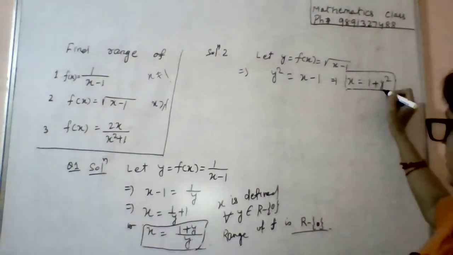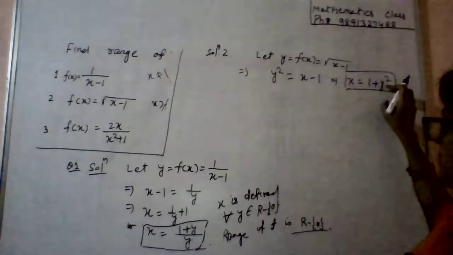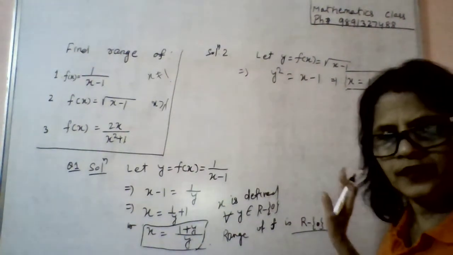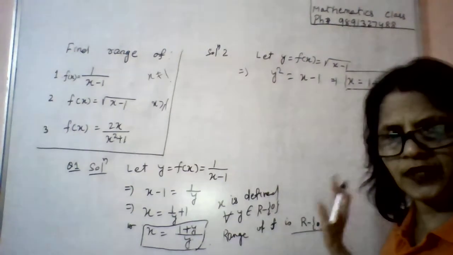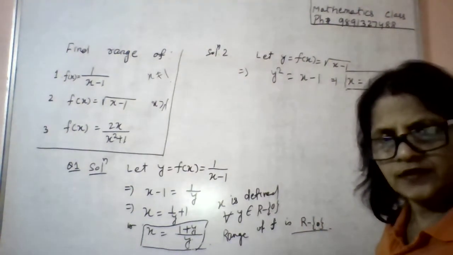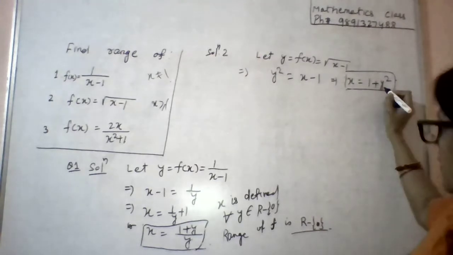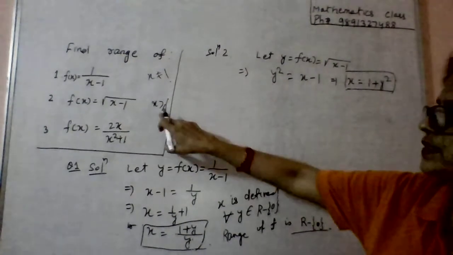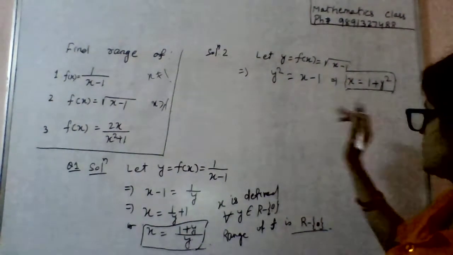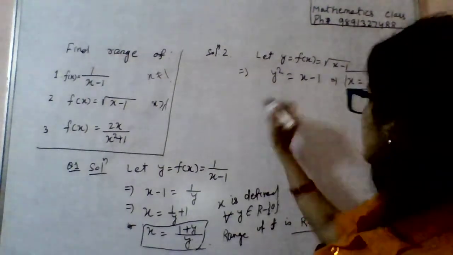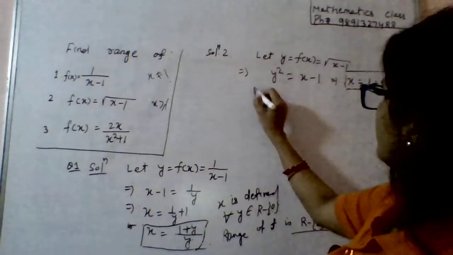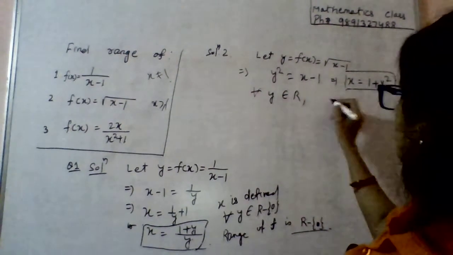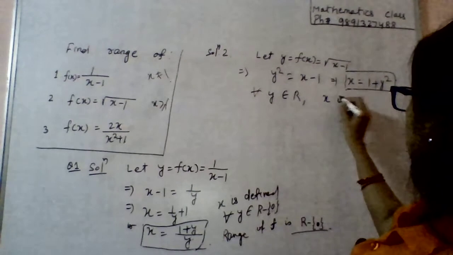If you take y plus minus 1, plus minus 2, plus minus 3, whatever you take, for any non-zero value y square will be more than 0, right? And if y equal to 0, you are getting x equal to 1. So x can be 1. So here you can write, for every real value, for all y belongs to R, x is defined.